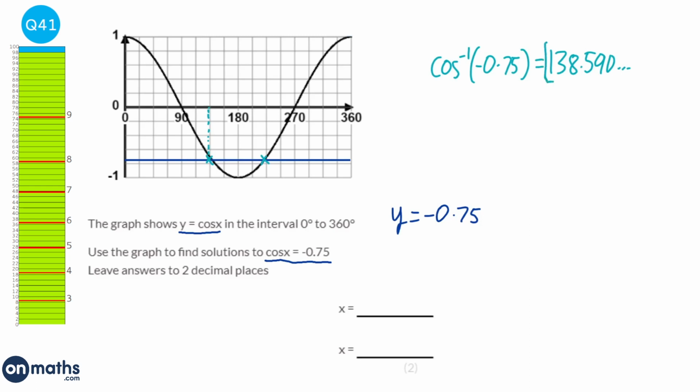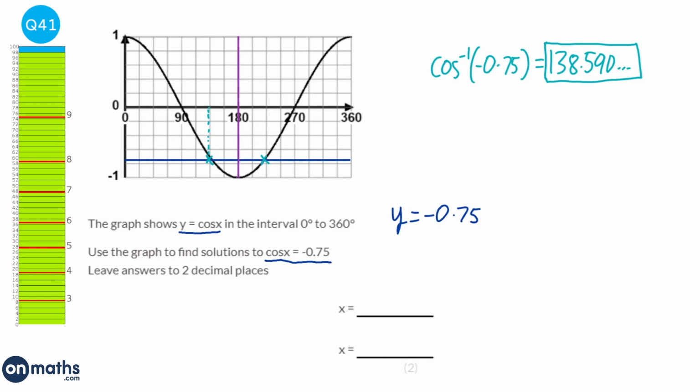The calculator will always give us the first solution, but we can use symmetry to find the next solution. If you look at the graph, we've got this point here, and if I draw a line up, the whole graph is symmetrical. Okay, do you see it? The whole thing is symmetrical.